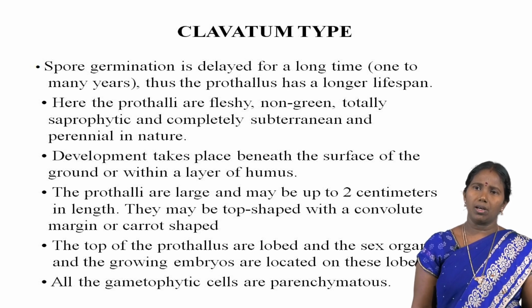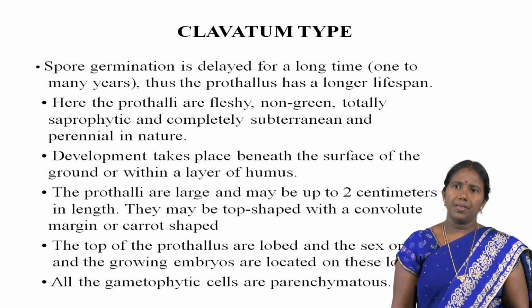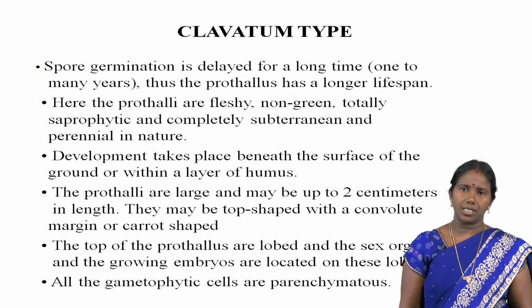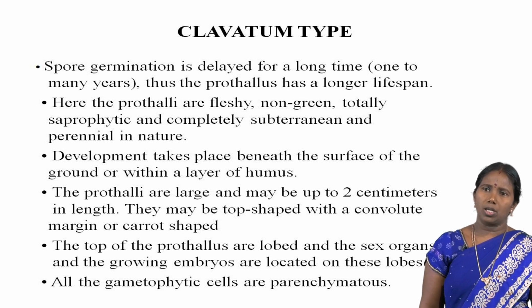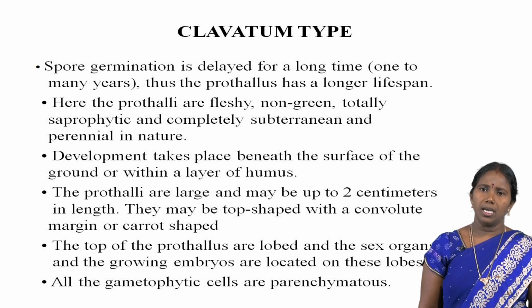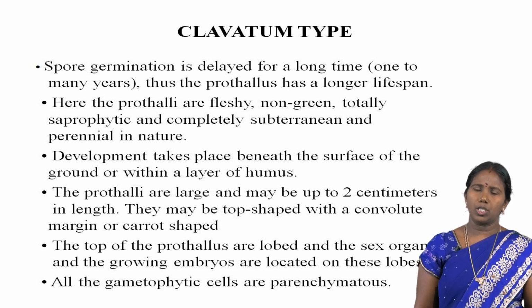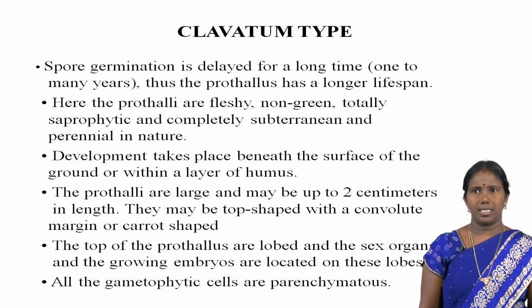The prothalli are large and may be 2 cm in length. They may be top-shaped with a convolute margin, a carrot-like structure. The top of the prothallus is lobed, and the sex organs and growing embryos are located on these lobes. All the gametophyte cells are parenchymatous cells.